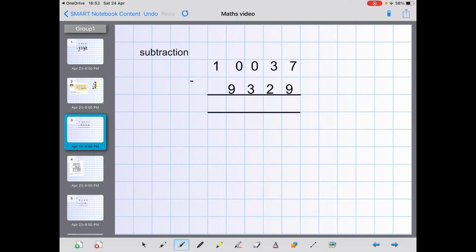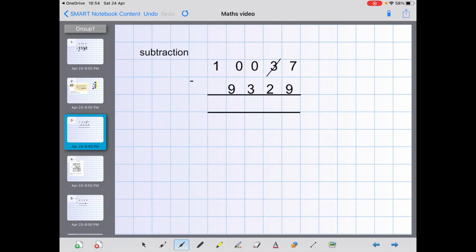Again, similar to addition, we must make sure that we start with our right hand side at the lowest value digit. In this case, 7 and 9. 7 take away 9 we cannot do because 7 is smaller than 9. This means we need to go to the tens column and we need to exchange one of these tens for 10 ones.